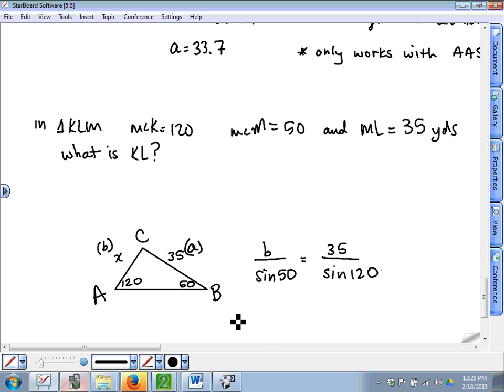This is A. So the form I'm using is B over sine B is equal to A over sine A. Those are the pieces I'm using here. This is just like the last problem. How do you get B by itself?